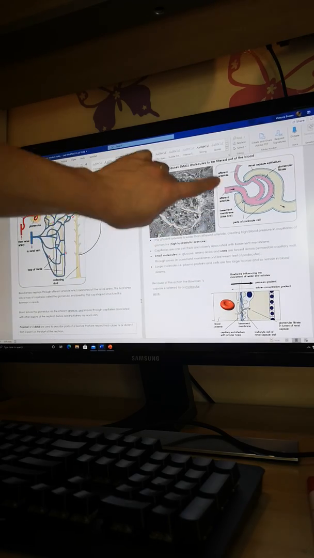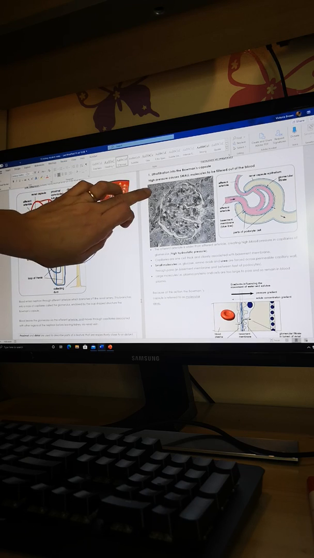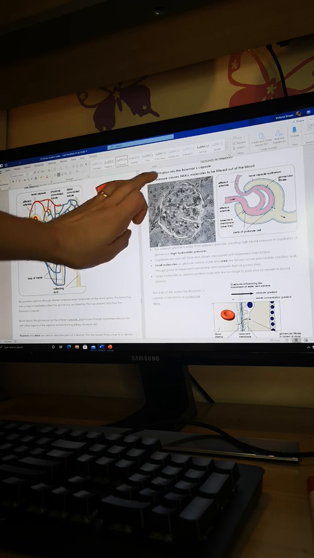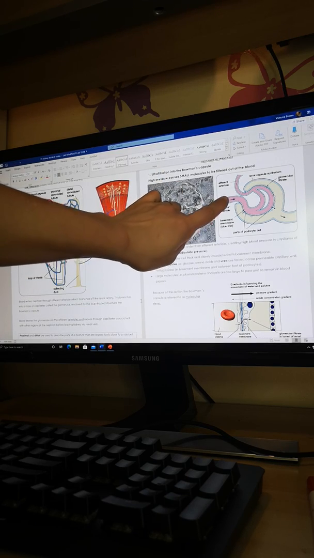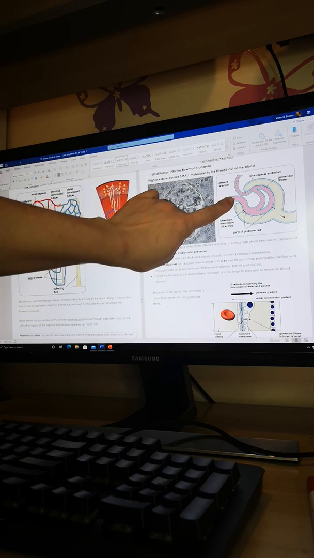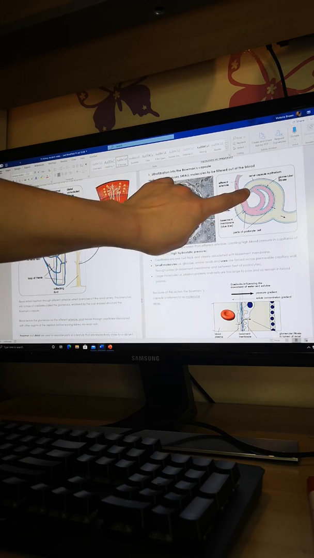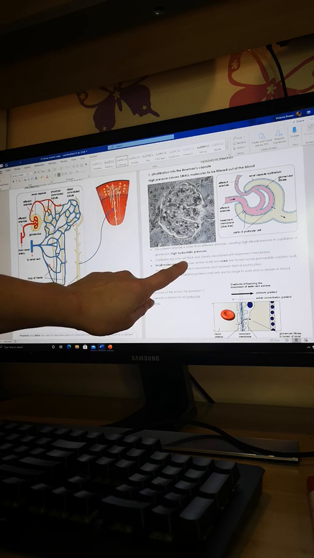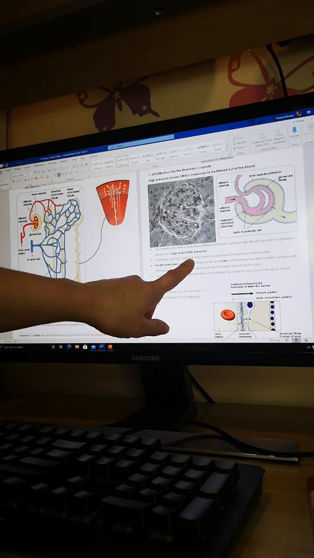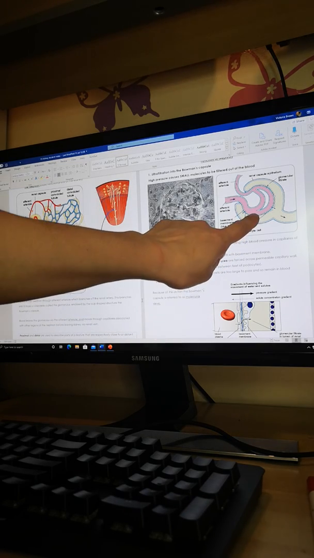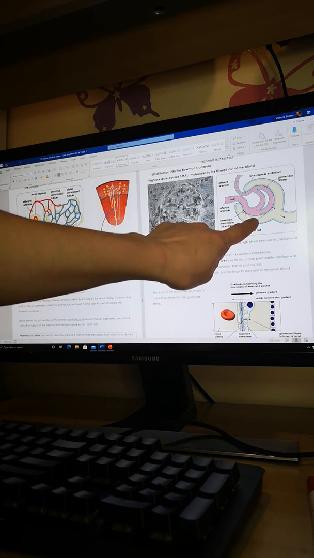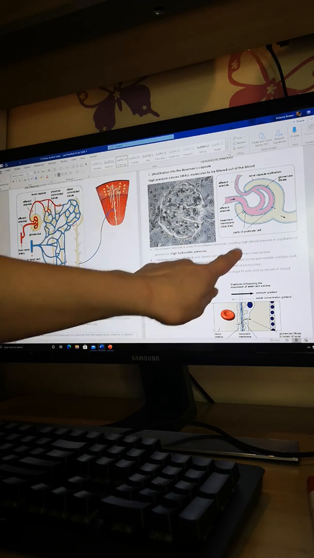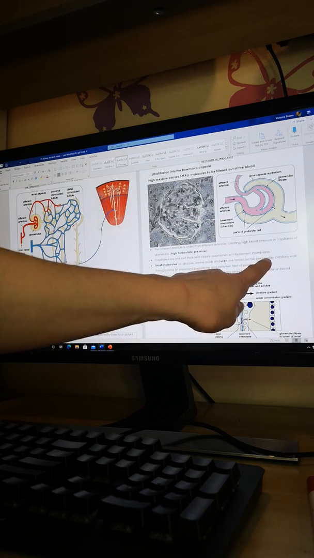Okay, so how is this Bowman's capsule adapted to ultrafiltrate the blood? Well, we've got this high hydrostatic pressure created by a wide vessel supplying and a narrow vessel taking the blood away. We've got capillaries that we know are 1 cell thick, so they're already permeable. We know that the capillary and the Bowman's capsule wall are closely associated, by this blue line in the diagram. The basement membrane holds them together.